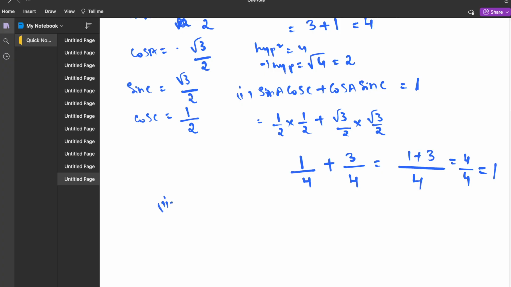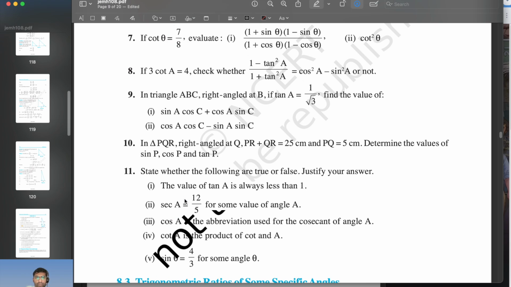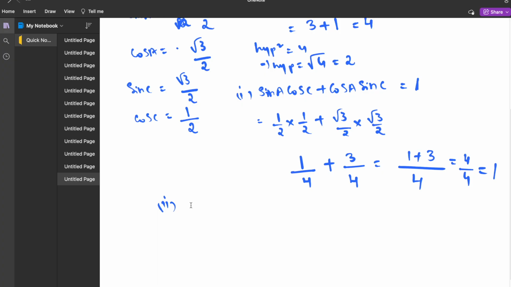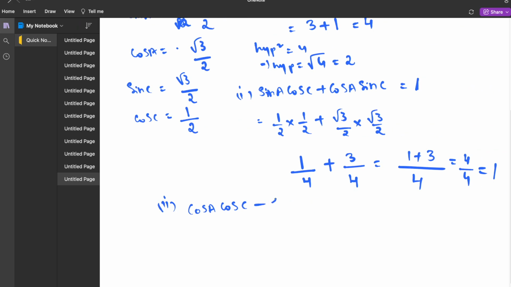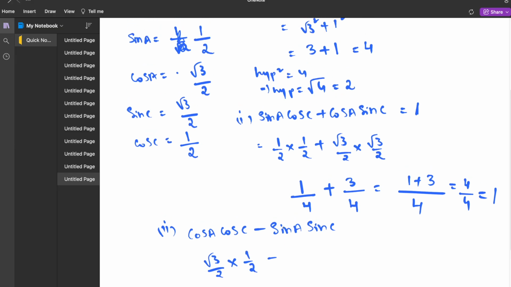Now let's solve the second equation: cos A cos C minus sin A sin C. Cos A is root 3 by 2 into cos C 1 by 2, minus sin A is 1 by 2 into sin C is root 3 by 2.